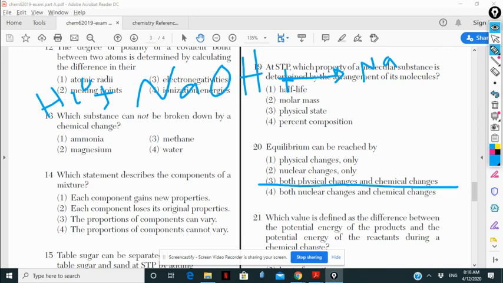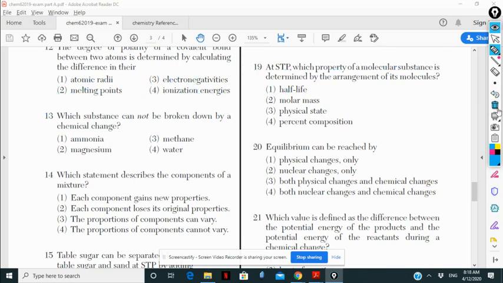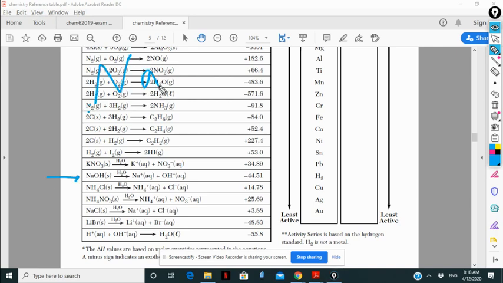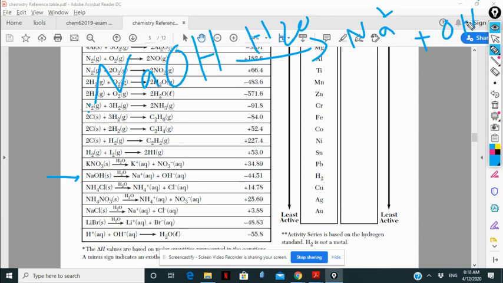Okay, let's see it from the chemical reference sheet. Here's the reaction: sodium hydroxide in water gives me sodium plus OH plus heat.